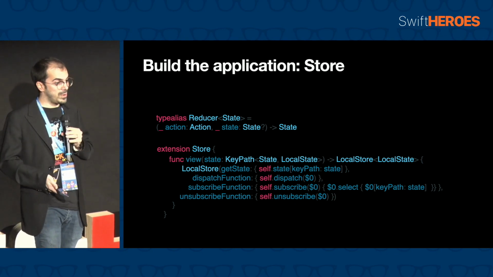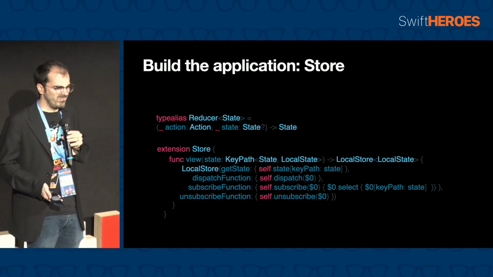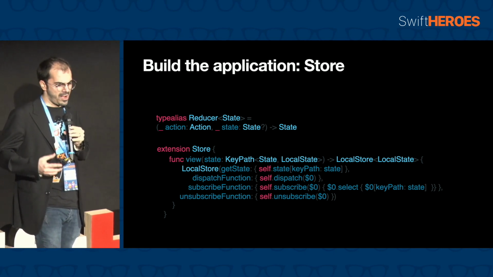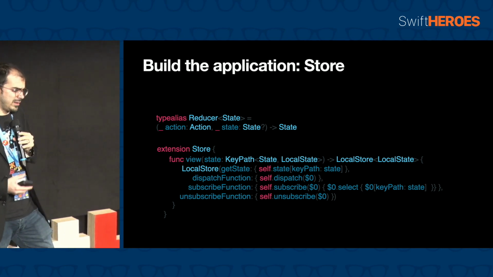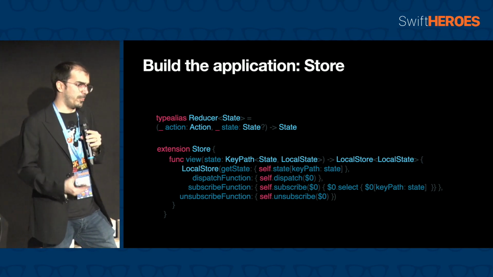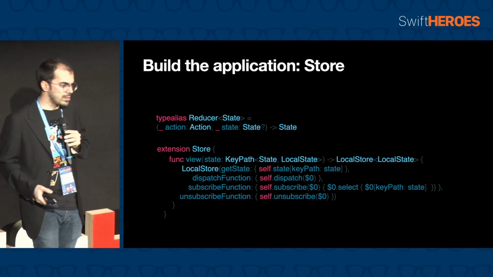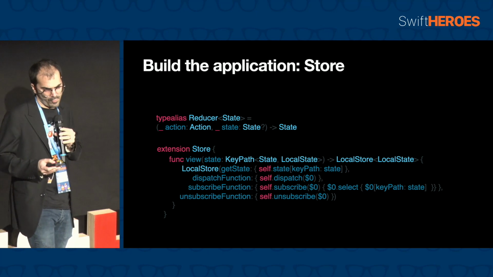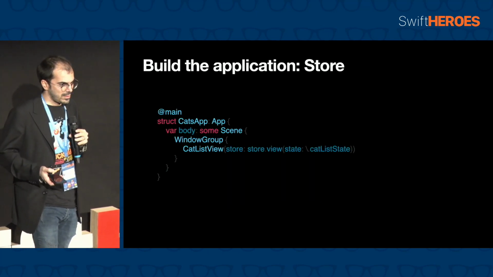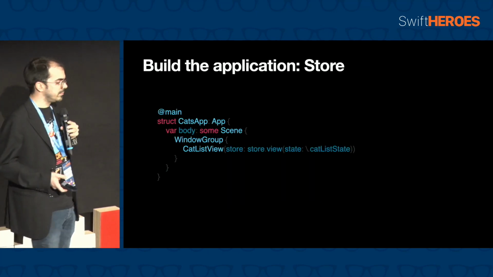And we call this kind of function view, because it's a sort of lens, let me say. We are focusing from the global to the local this time. And as I said before, this works. And we can use it in this way.